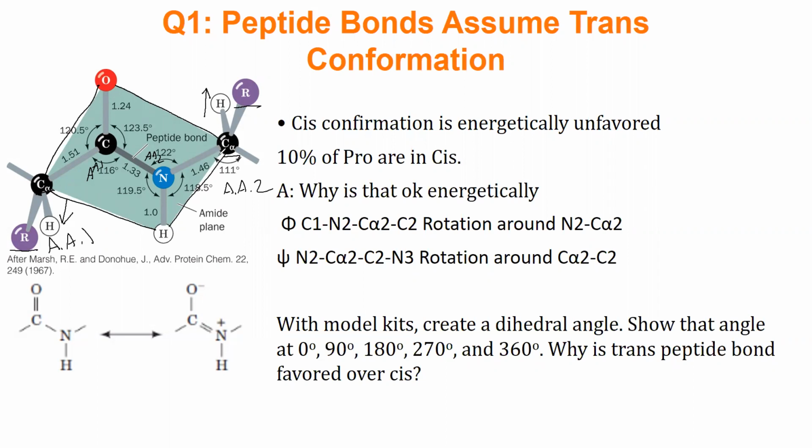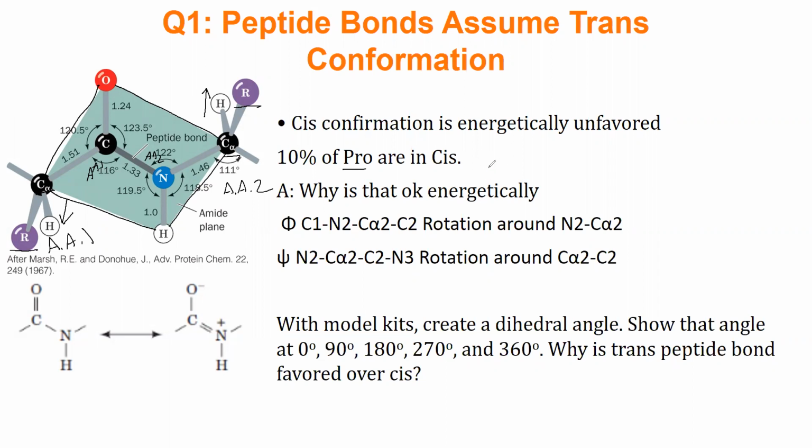The reason is that if the side chains were in the cis conformation, that is, both pointing in the same direction, you would get steric hindrance. The side chains could bump into each other, and that would be energetically unfavorable. Your exception for this is prolines. Prolines, 10% of the time, have their bond in the cis conformation.